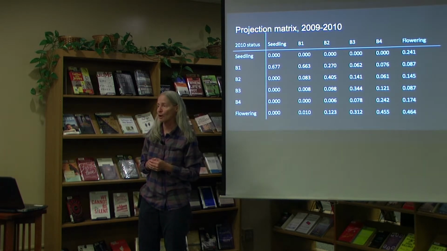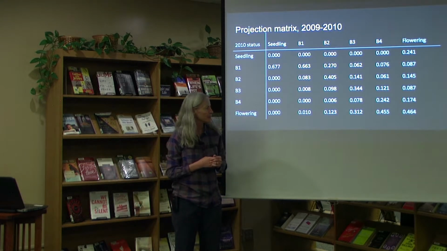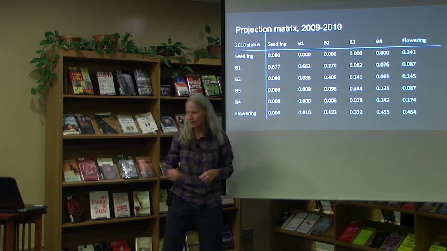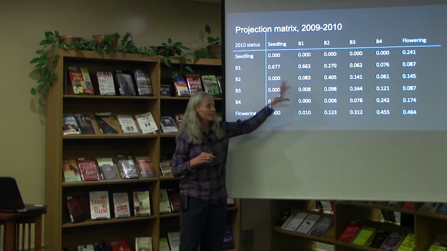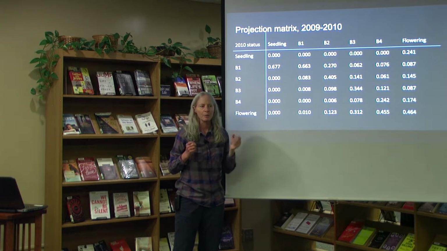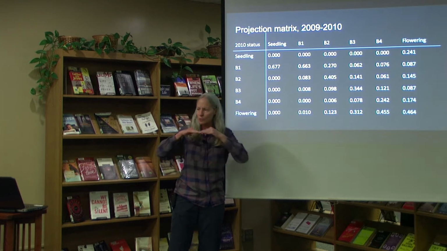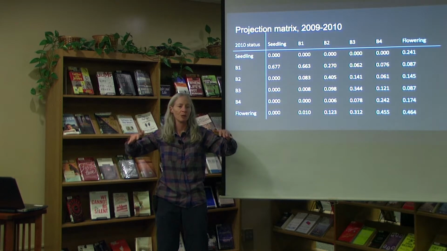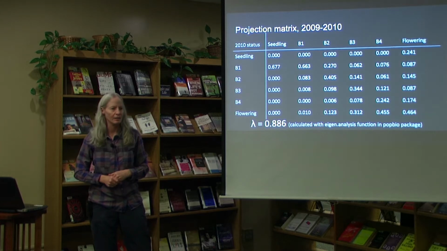There's a package called PopBio that does this automatically. You just tell it what the matrix is, and ask it to do the math. It turns out that the dominant eigenvalue you can get from this matrix is a prediction of the population growth rate. If the population growth rate is 1, the population is staying the same. If it is below 1, it's declining. So the prediction that I got is below 1.